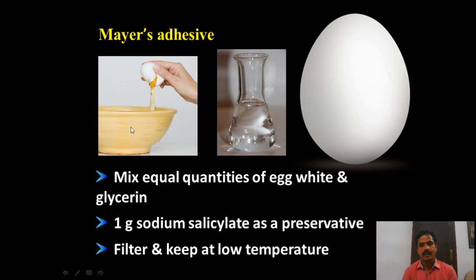Filter and keep at low temperature. So that's about the preparation of adhesive. So it's all about the cutting process, the paraffin method of preparation of permanent slides. Thank you.